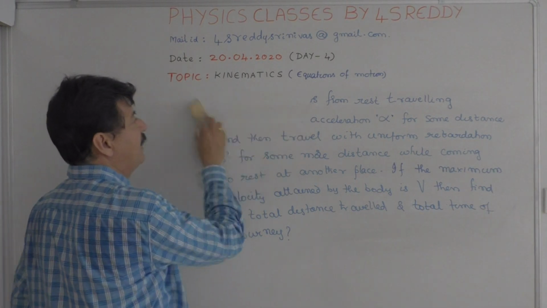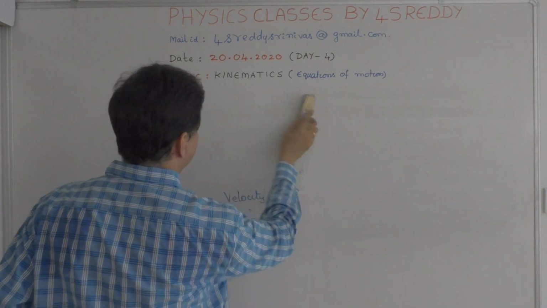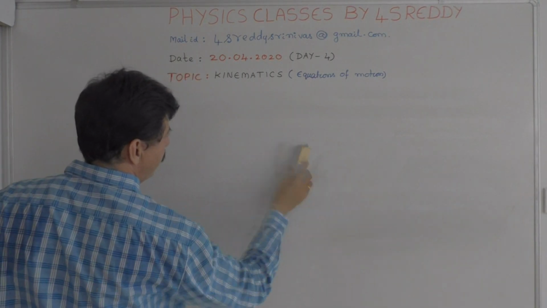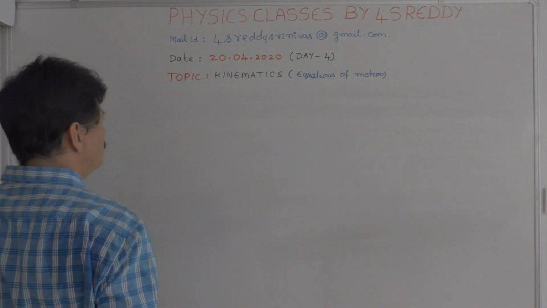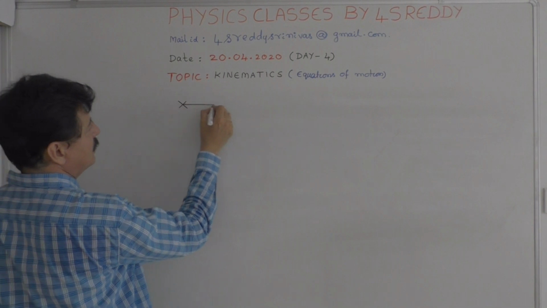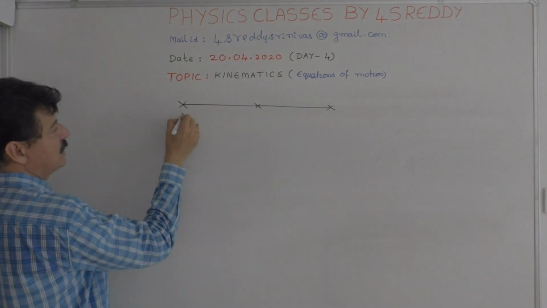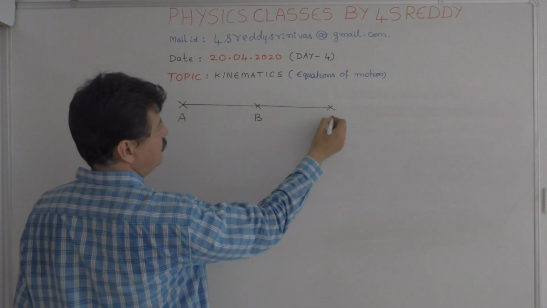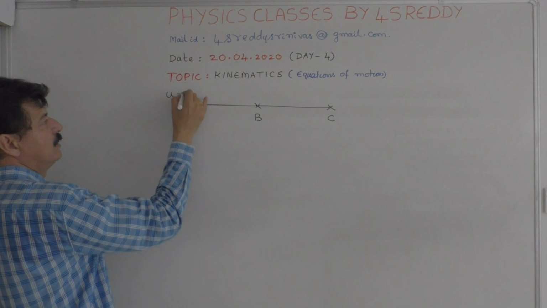It is simple again. Now what you can observe is, suppose it travels between 3 points. Let us say this is A, this is B, this is C. It started at this point.